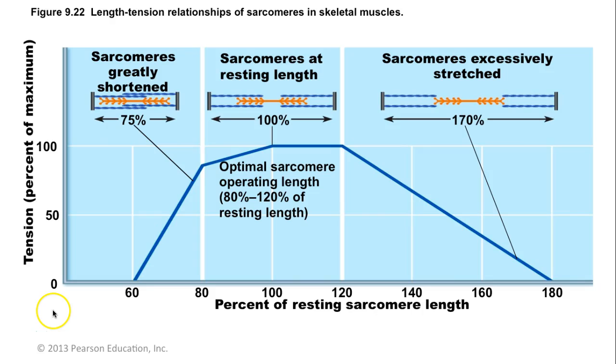So if you can create just a little bit of stretch before that contraction, you're going to get a greater bang for your buck. You're going to have more ability to pull with more force. This is why, if you ever watch someone doing the high jump, how do they get into that jump?